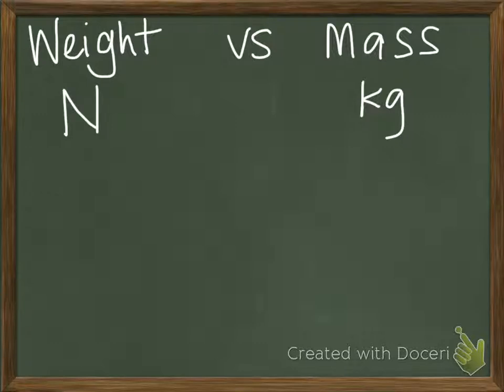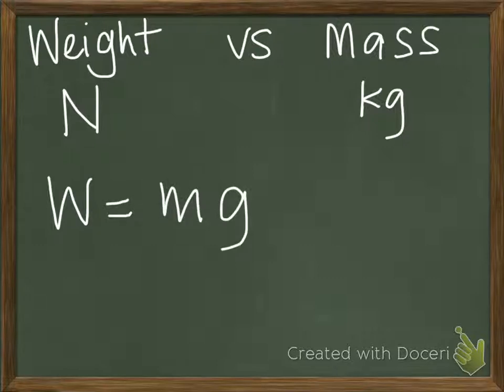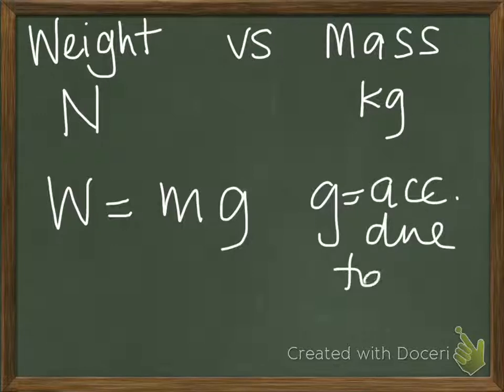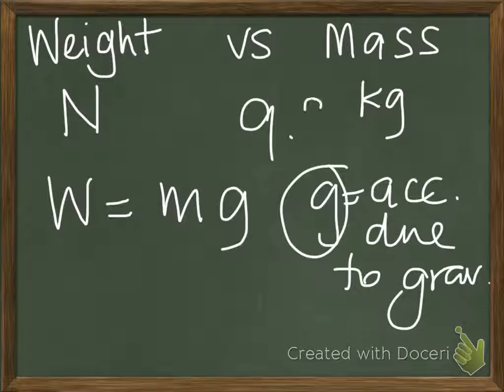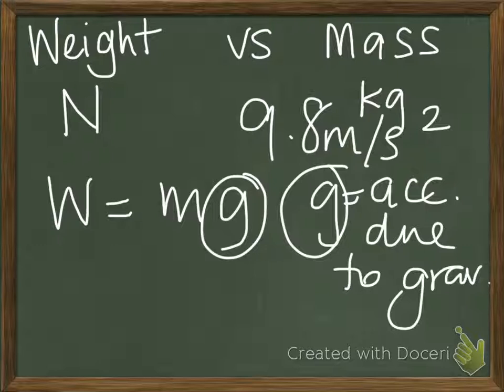And the way that we calculate weight is W equals mg. And g is acceleration due to gravity. On Earth, g is 9.8 meters per second squared. g changes according to where you are.